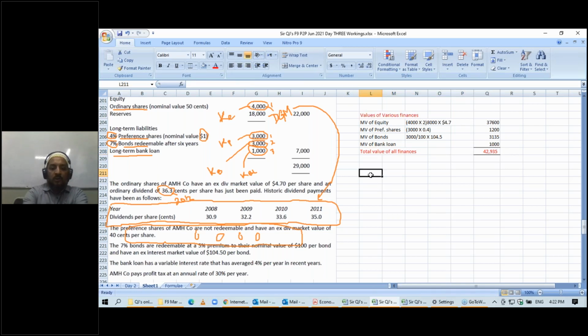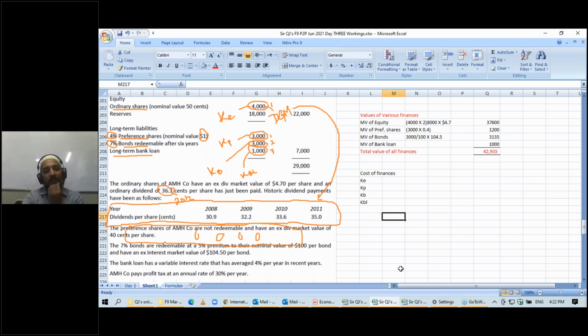Now moving on to the cost of finances. The cost of finances will include the cost of equity, then the cost of preference shares, then the cost of bonds, and then the cost of bank loans. So these four costs are now to be calculated.